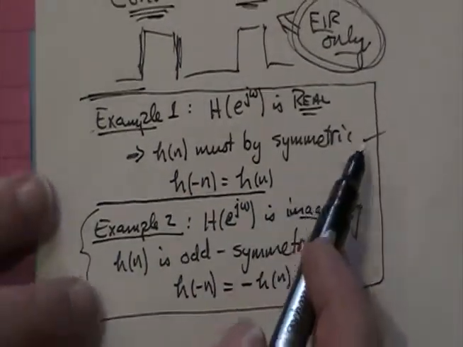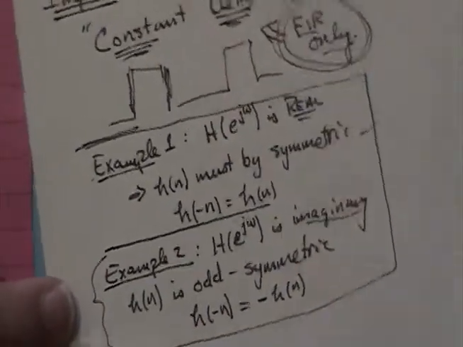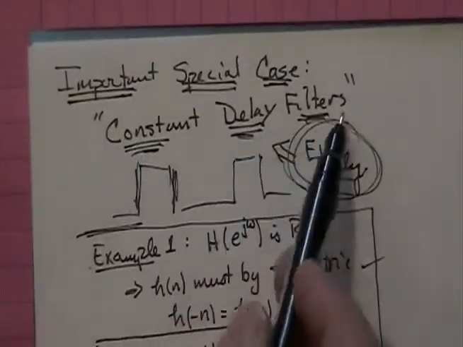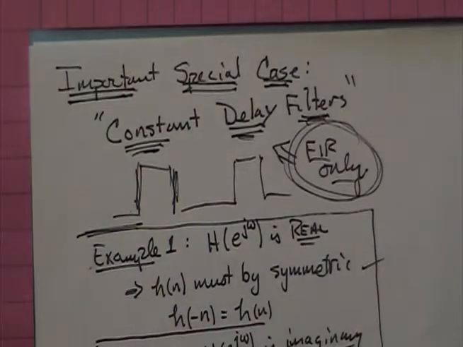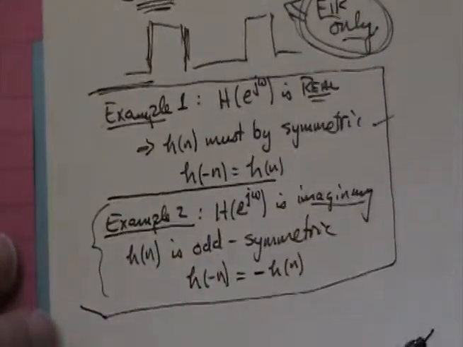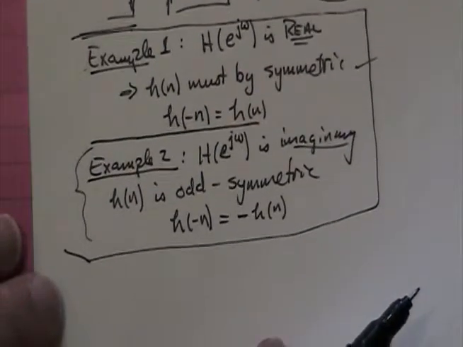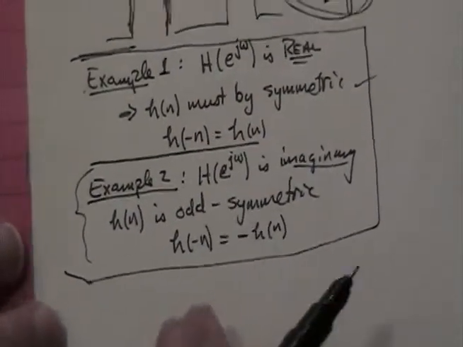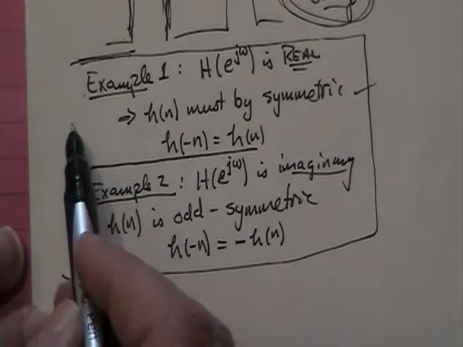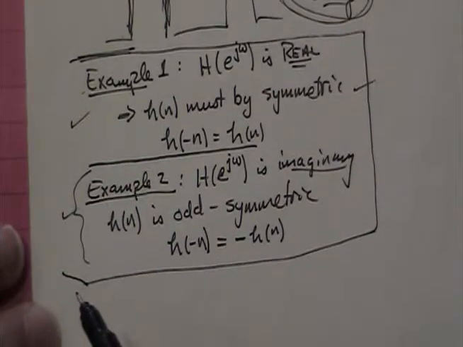And then instead of having a zero delay filter, I end up with what we're after, a constant delay filter where every frequency goes through at exactly the same delay. So if I look at constant delay filters, they tend to be variations on one or the other of these two themes.